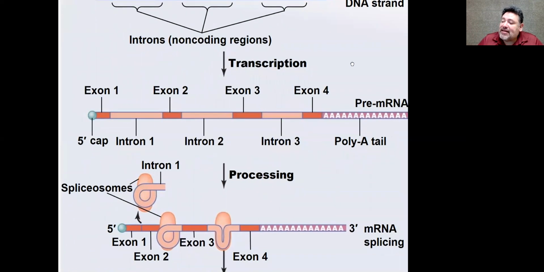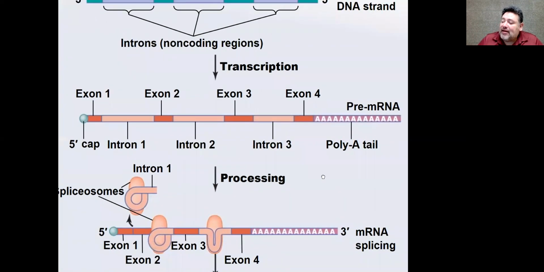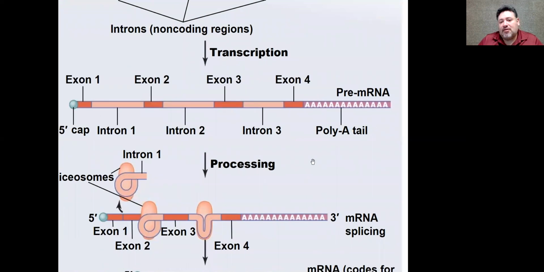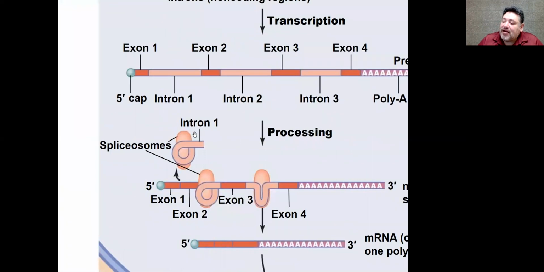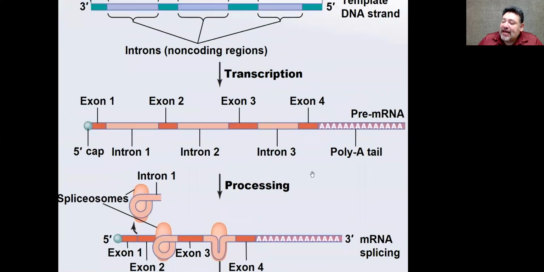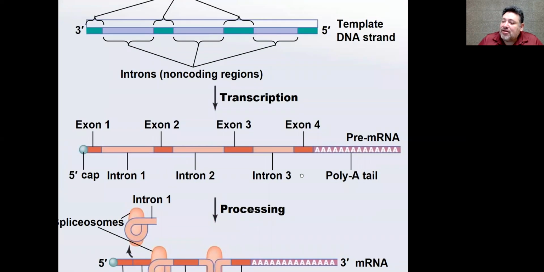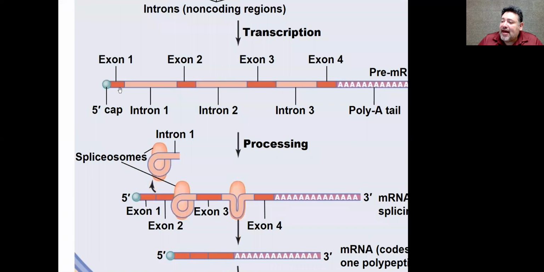But before it does that, in the lumen of the rough endoplasmic reticulum, there's a beautiful protein, a beautiful machine called the spliceosome. And what that spliceosome does is it splices out these non-coding introns, it gets rid of them, and splices together the exons.